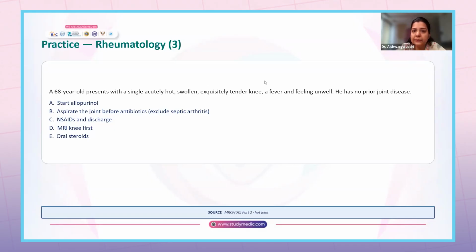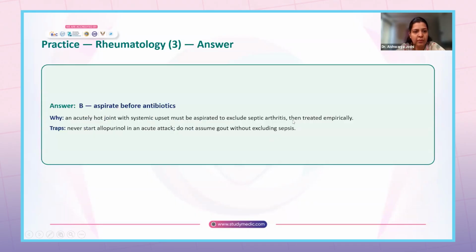This is clearly septic arthritis. So what do we do here? We aspirate the joint before antibiotics. Never start allopurinol in acute attack and do not assume gout without excluding sepsis.